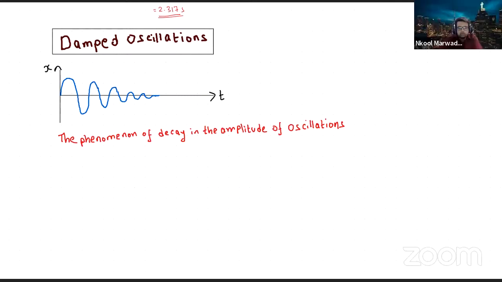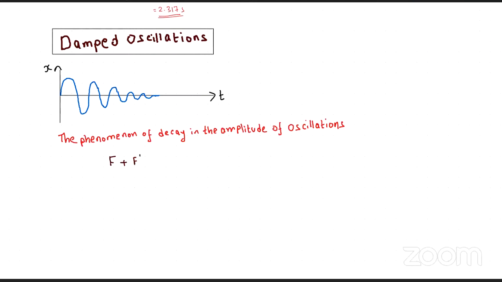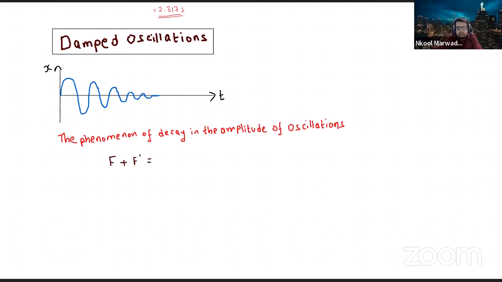So let us do the derivation. F is the restoring force, and F dash is the resistive force. This F dash can be a sum of different small forces also, so we can collectively call them F dash. We know that restoring force is minus kx, where k is the spring constant, x is the displacement.